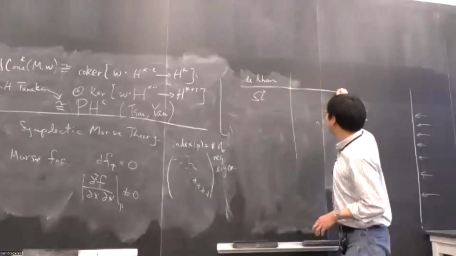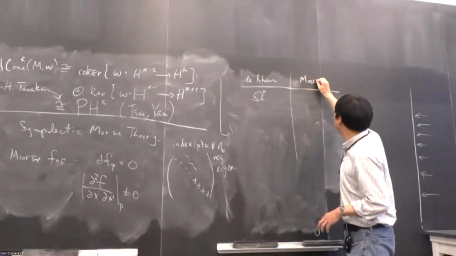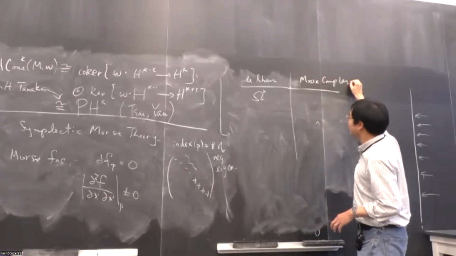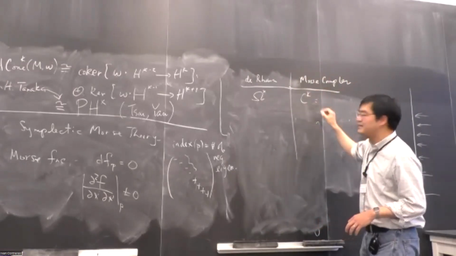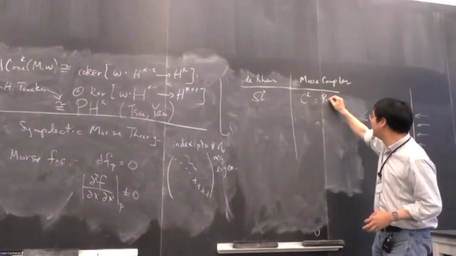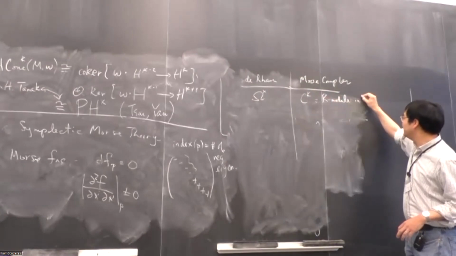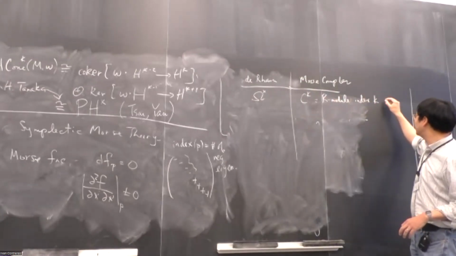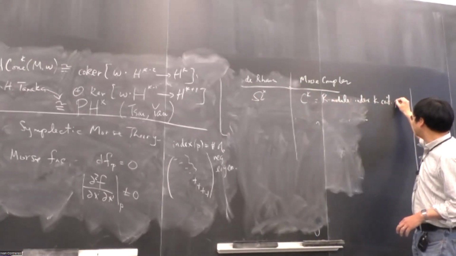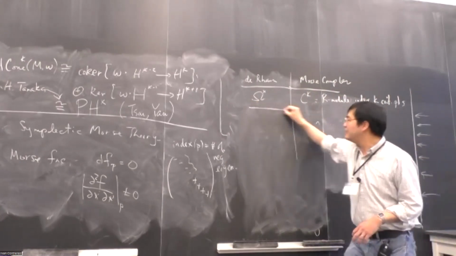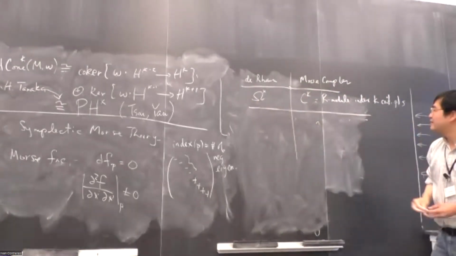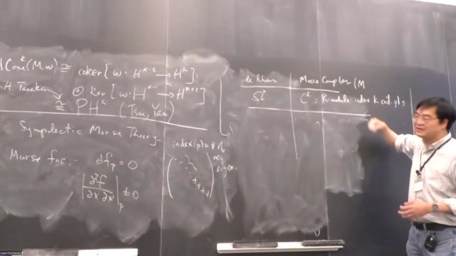The Morse complex starts with, as objects, let me call it C_k. These are just modules generated by index k critical points. Okay, so the Morse complex involves more than just the manifold.